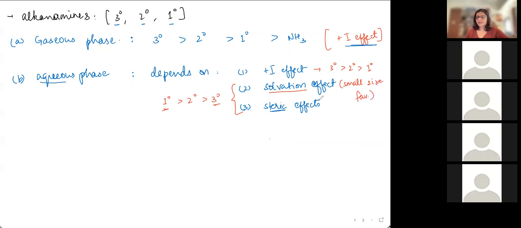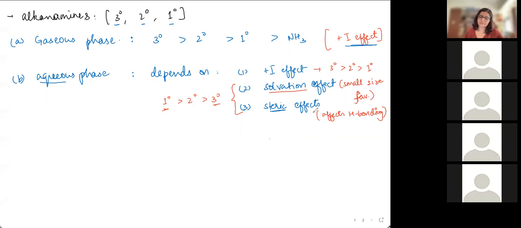Steric effects, other than the spatial aspect, also affect hydrogen bonding. If it affects hydrogen bonding, it also affects how soluble it is in water. If it is not as soluble in water, that in turn affects the ionization.